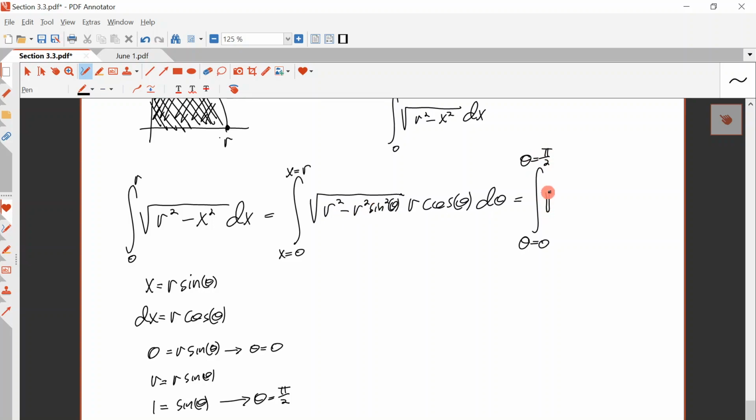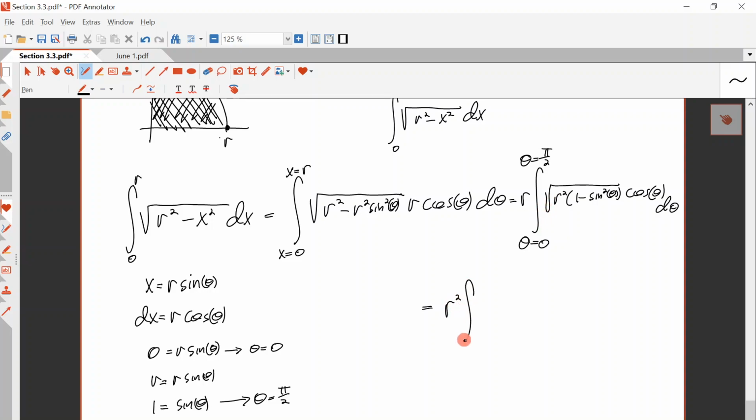Factor out the r squared. So r squared times 1 minus sine squared theta. Pull that r out front, times cosine theta d theta. Pull the r squared out from the square root. So the square root of r squared is just r, because r is positive, instead of absolute value of r.